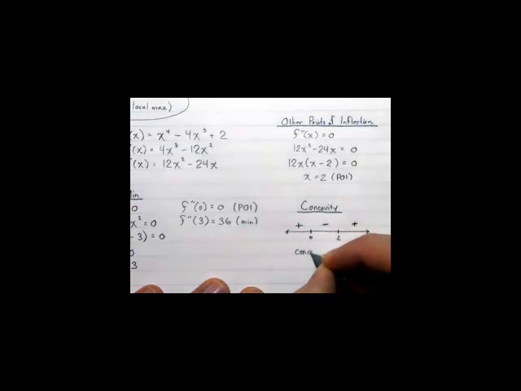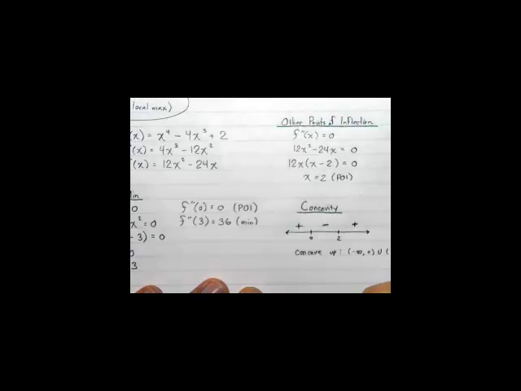So concave up is going to be negative infinity to 0, also 2 to infinity. Concave down is going to be 0 to 2.